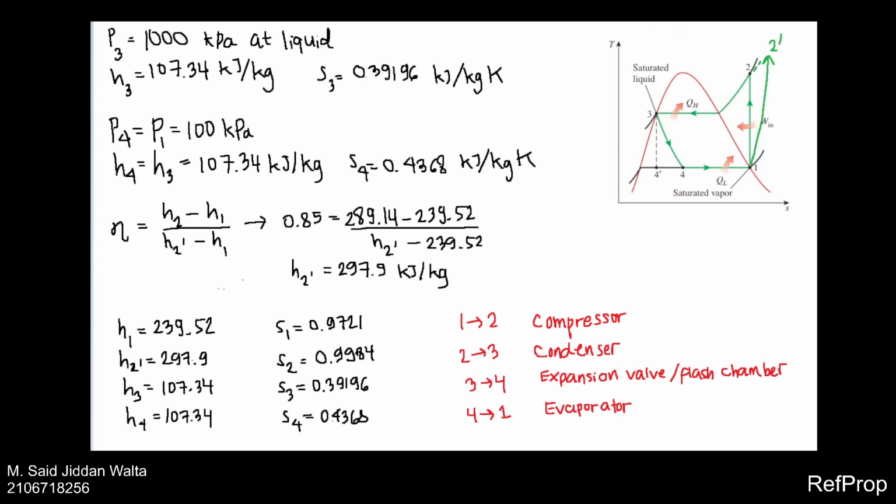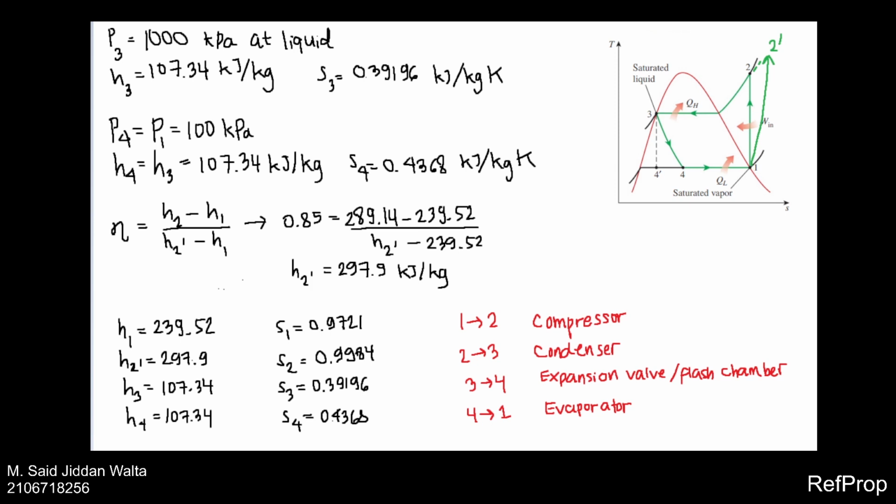And for the fourth point, the pressure is the same as the first one, which is 100 kilopascals, and we know that the enthalpy of point 4 and point 3 is the same. Therefore, we can use that to find the entropy, which is 0.4368 kilojoules per kilogram Kelvin.